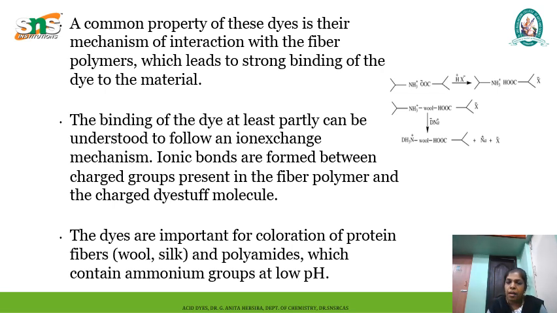Here you see the amine group present in the wool, that is polyamide, and the acid group present in the dyestuff. So the interaction occurs between the protonated amine group and the acid present in the dyestuff. So the interaction is very strong. These dyes are important for coloration of protein fibers and polyamides which contain ammonium groups at low pH.